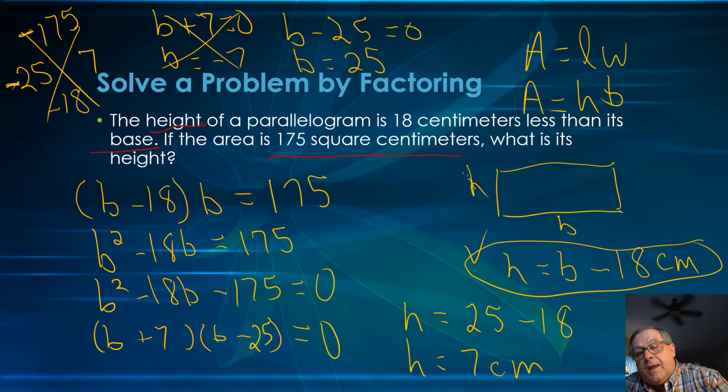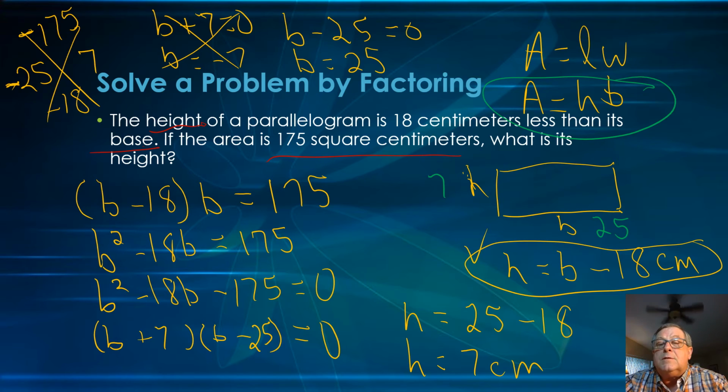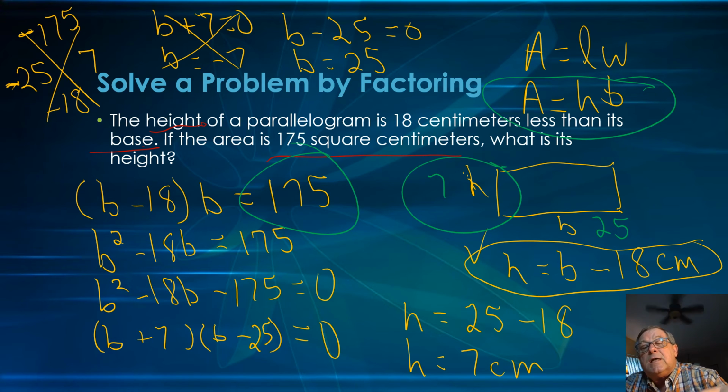So we said the height is 7, the base is 25, the area is the height times the base, 7 times 25, shazam, is going to equal 175, and we've solved it. The height is then equal to 7.